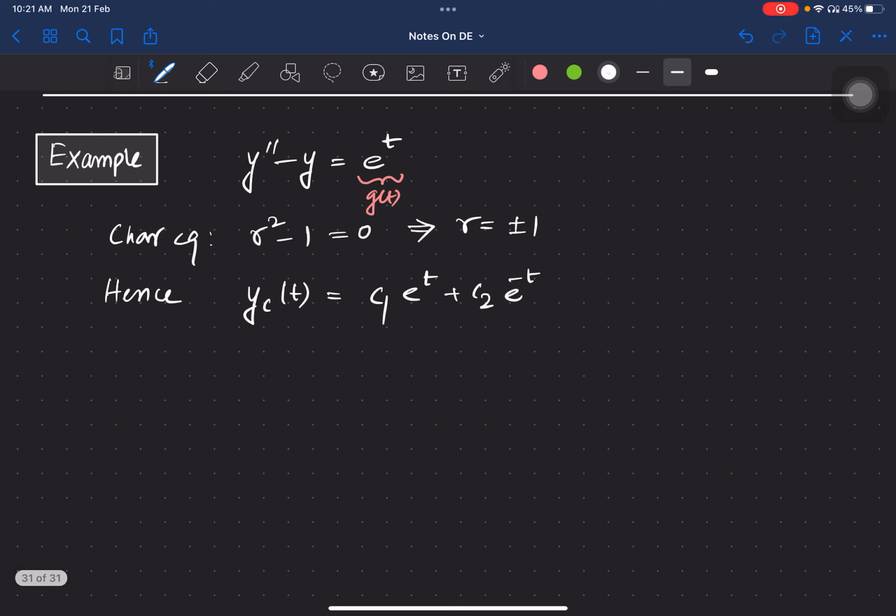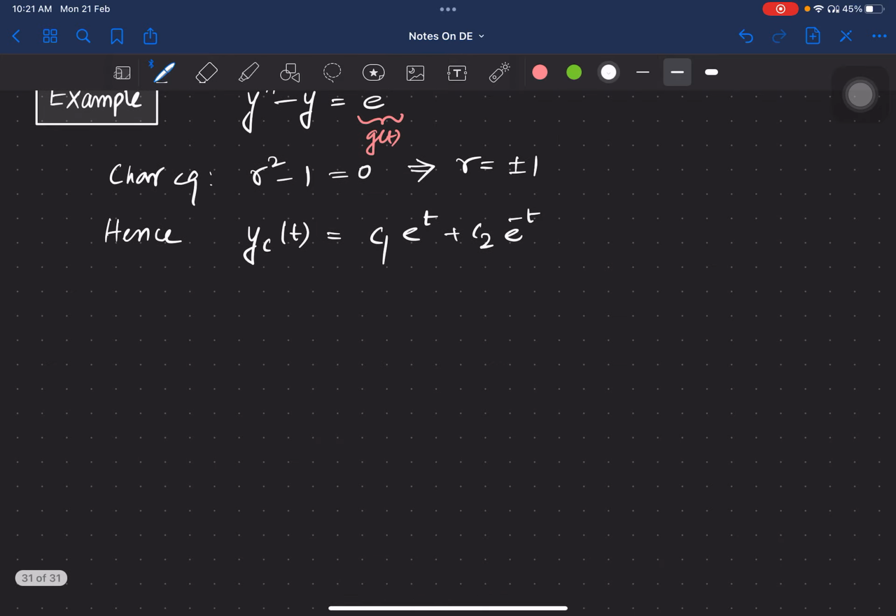Okay, so e power t happens to be a part of the solution of the homogeneous part. That was useful for the observation in the case of undetermined coefficients. Now let's see. Here this is your y1(t), this is your y2(t). By the formula, yp(t) equals minus y1. But before that, let's calculate the Wronskian.